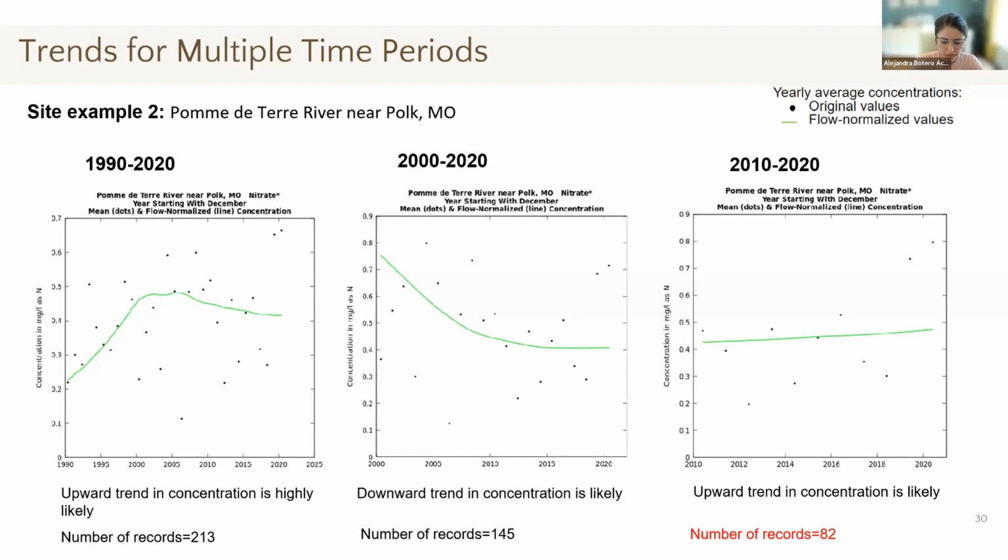One thing to mention here is that for this site specifically, the number of records is below 100, which can be considered not appropriate for a trends analysis. So some sites might not have enough data for computing a 10-year trend analysis.